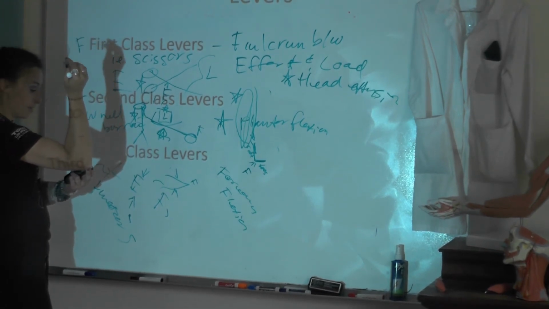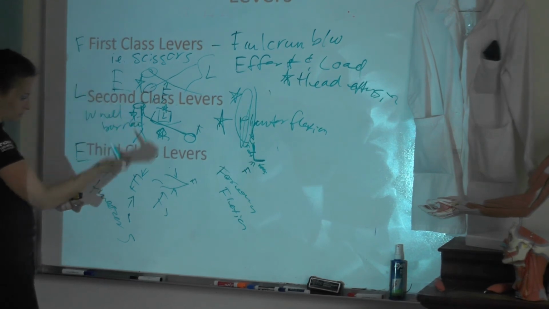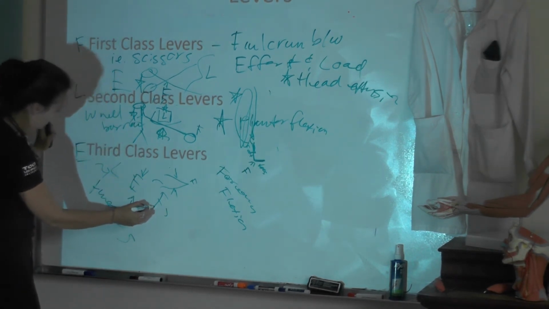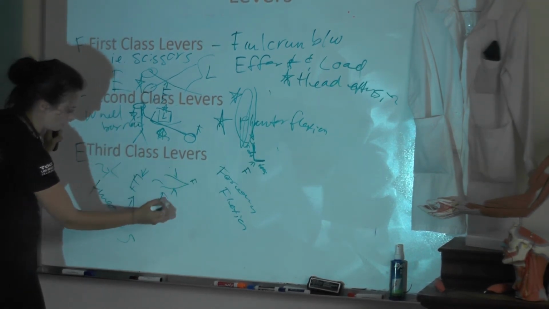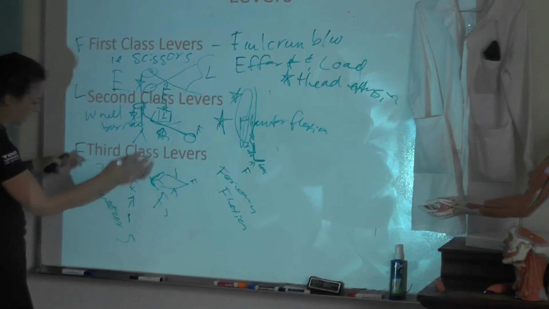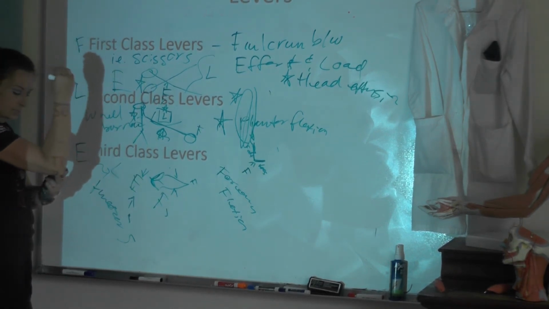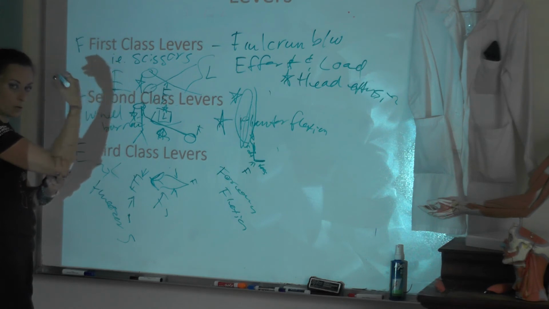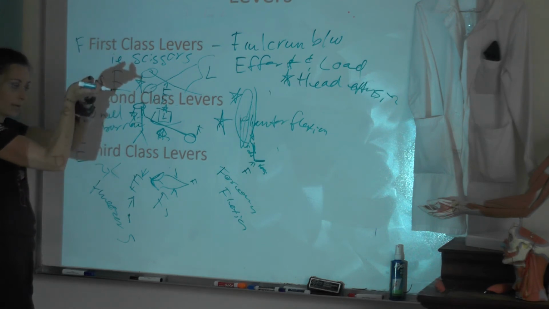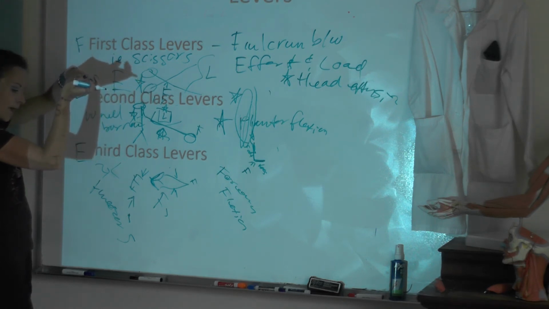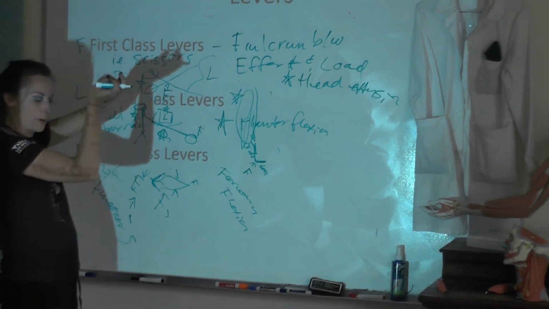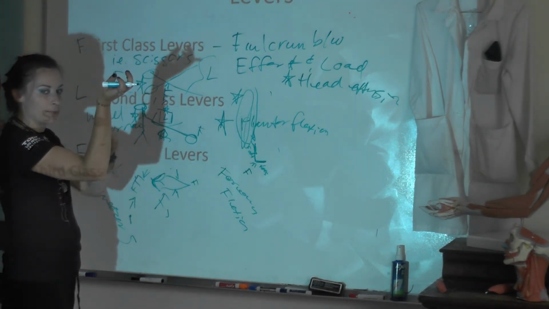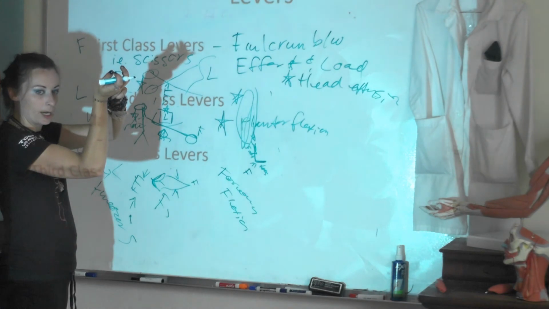What do you think is the load? Oh, this is my fulcrum, effort, load. In my body, this is the fulcrum. What's the load? Whatever I'm holding right here, right? So how is my effort between my fulcrum and my load in this real body example?